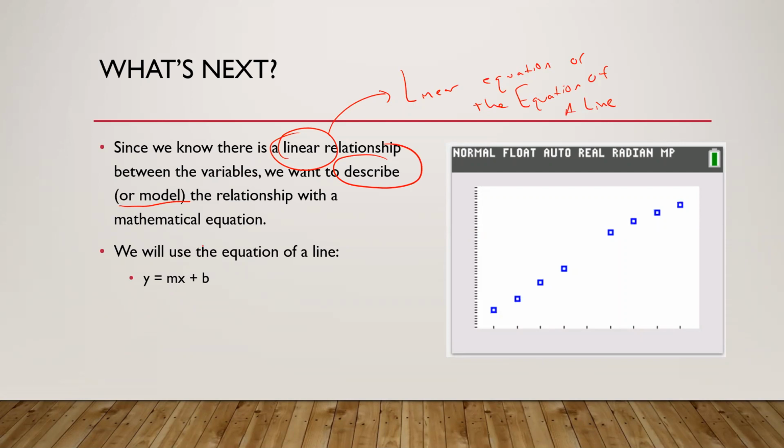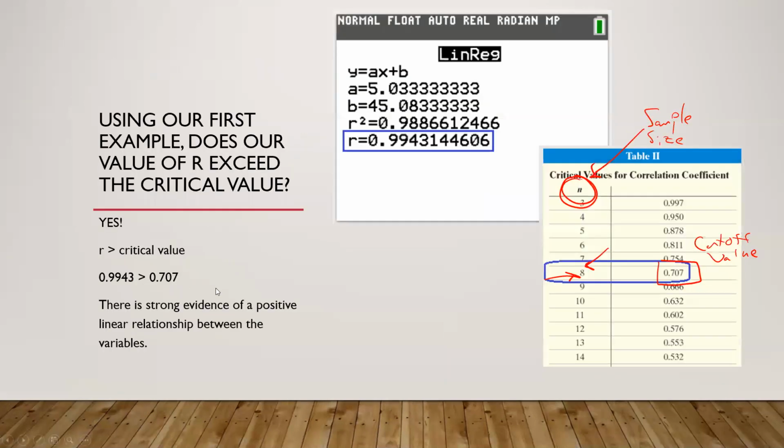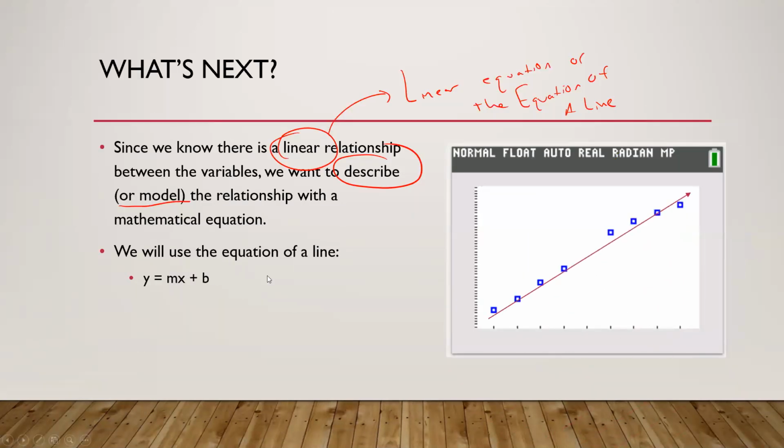All right, so this right here is what we're going to do: we want to fit this data here. You can see here this line. We want to fit the data with the equation of a line.